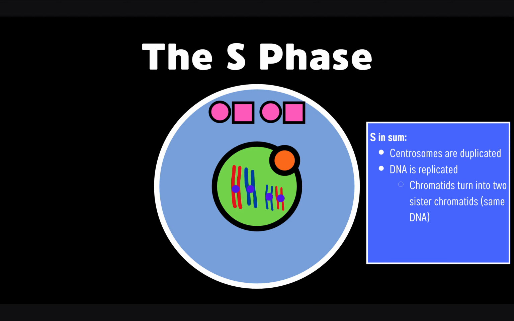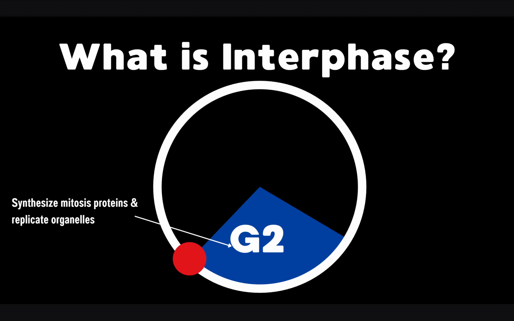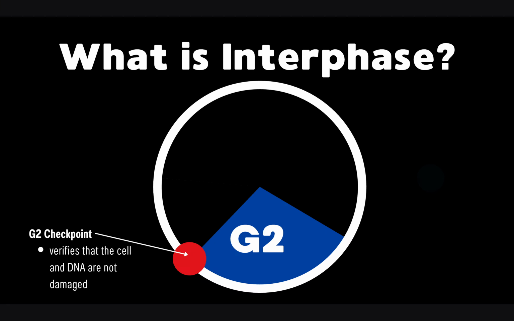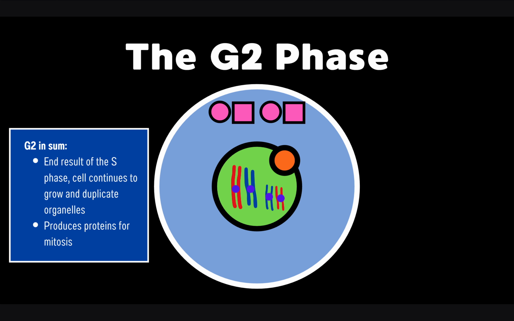And then finally in interphase, we have the G2 phase, which is the growth 2 phase, where it's finally going to actually prepare for mitosis by making proteins and replicating its remaining organelles. And the G2 checkpoint verifies that the cell and the DNA are not damaged in any way. So G2, in sum, is going to look the same as what we saw in S phase, because in S phase, everything's in the process of being duplicated.